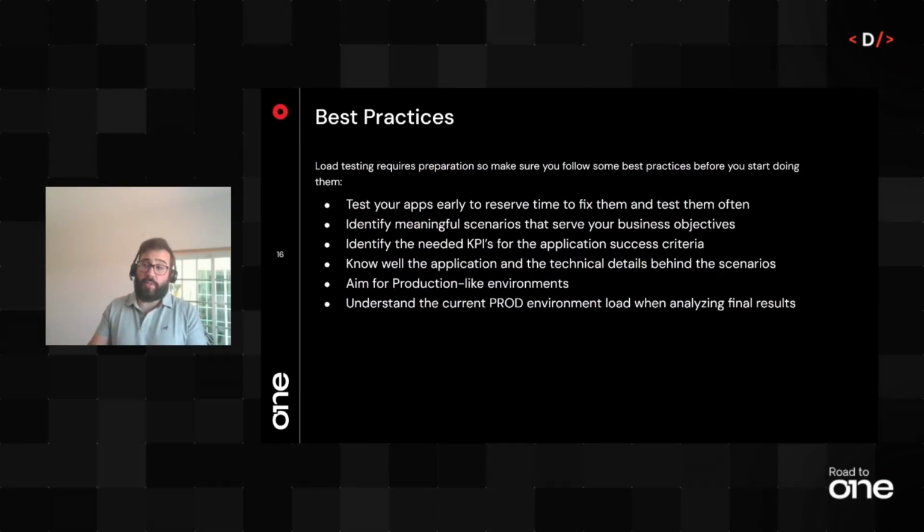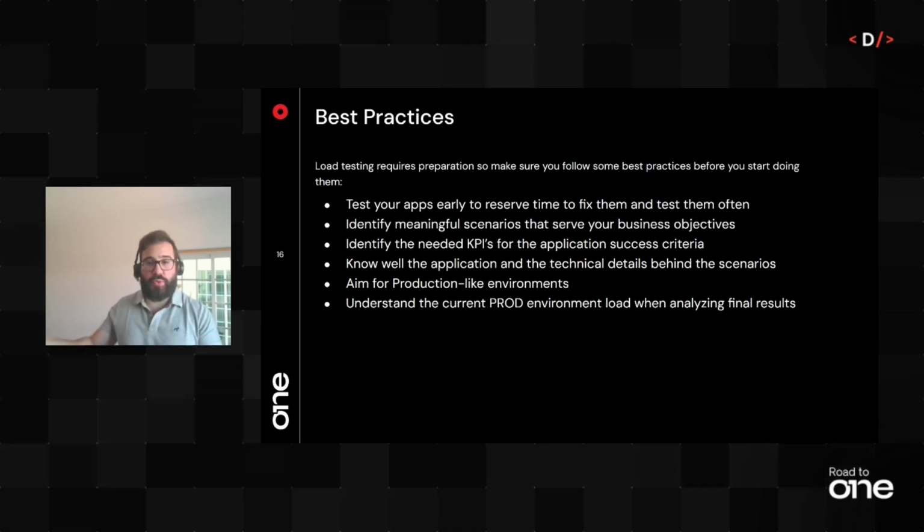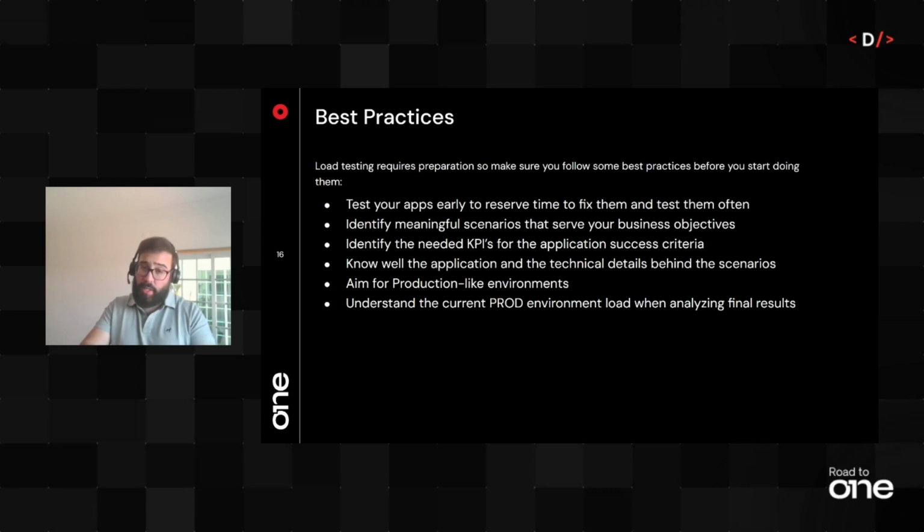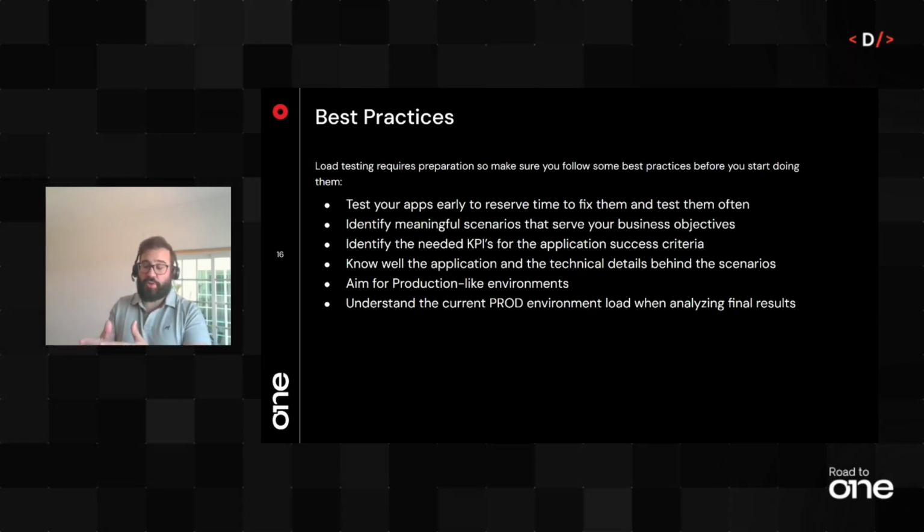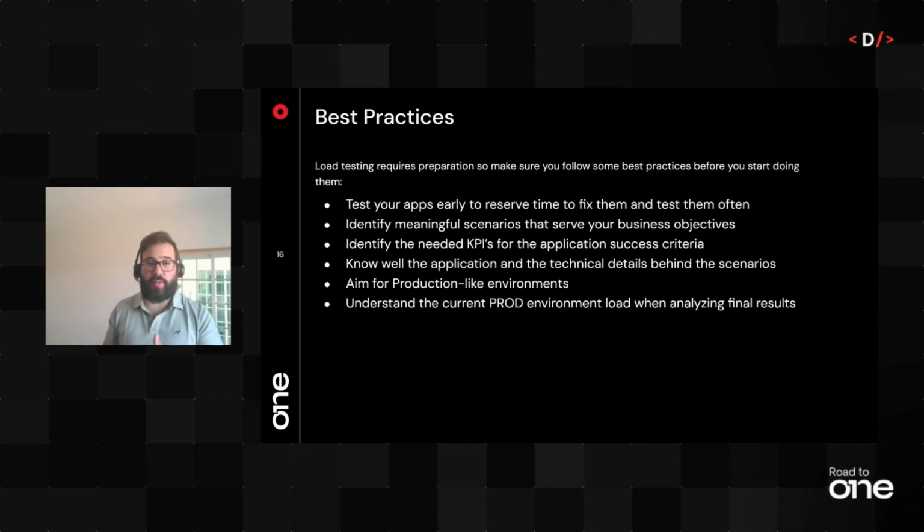As I mentioned previously, it's very important for whoever is working on the test to know how the application is implemented and how it solves the business needs, in order to understand what the scenarios do and what the purpose is of that specific test scenario.